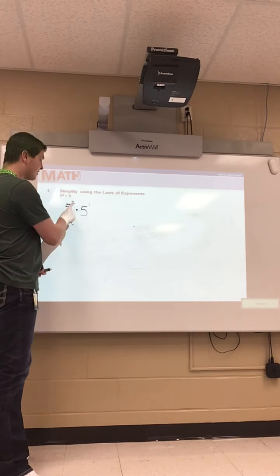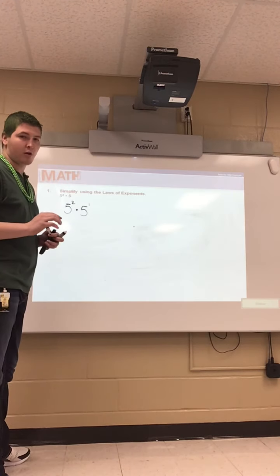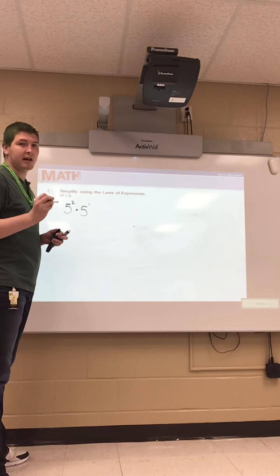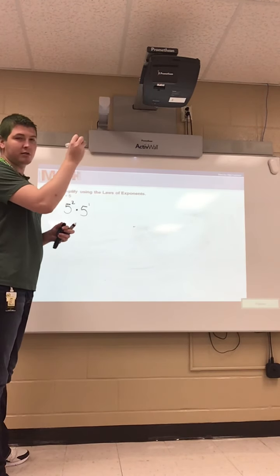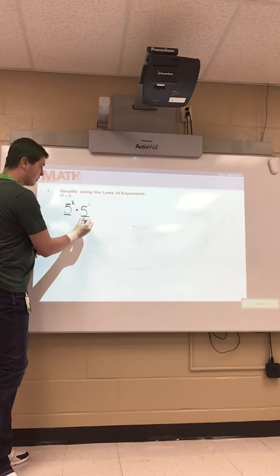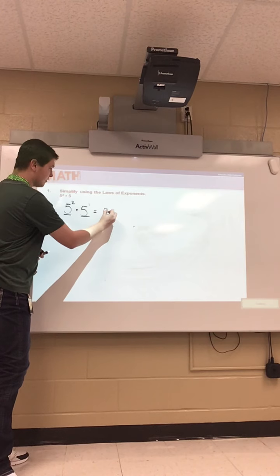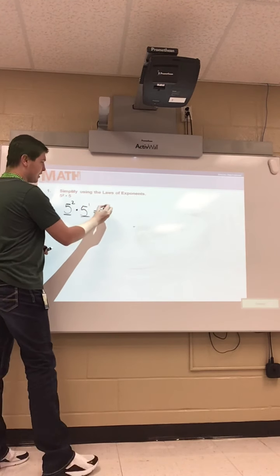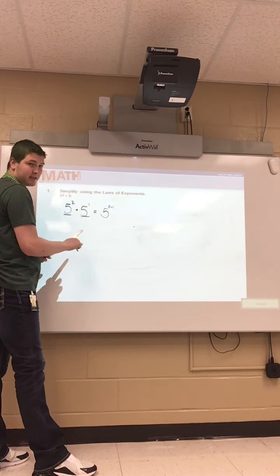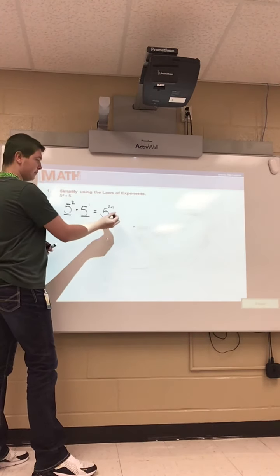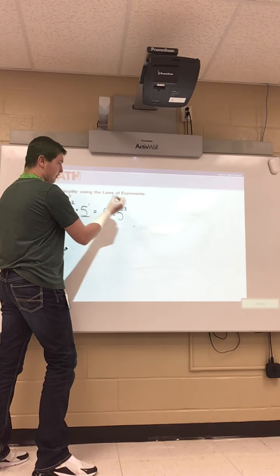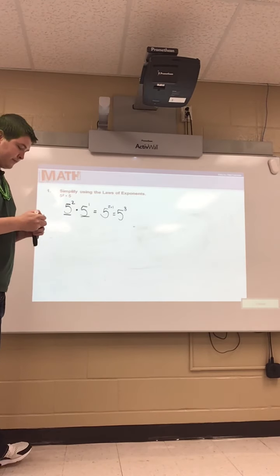If it doesn't have an exponent, it's just a normal number standing there by itself, with that invisible power to the first. Since they have the same base, we can just write the base. 2 and 1, remember we're adding because we are multiplying with the same base. So 2 plus 1, and we can rewrite that as 5 to the 3rd power.